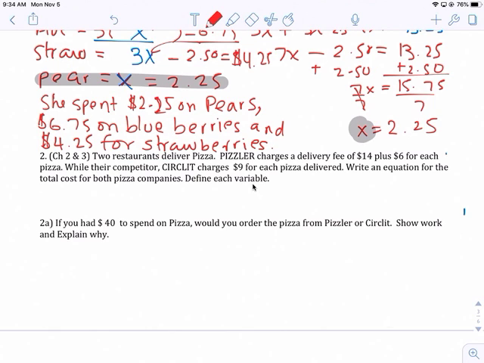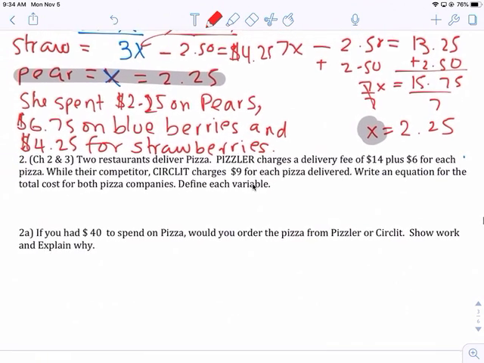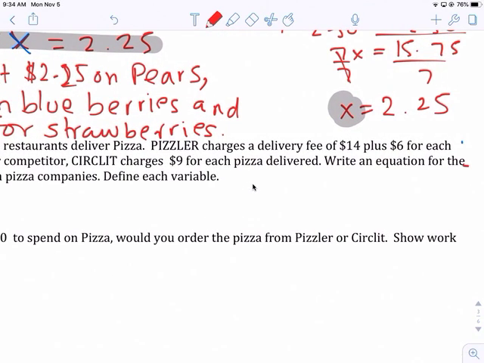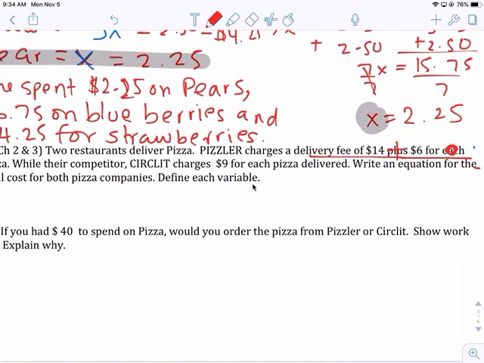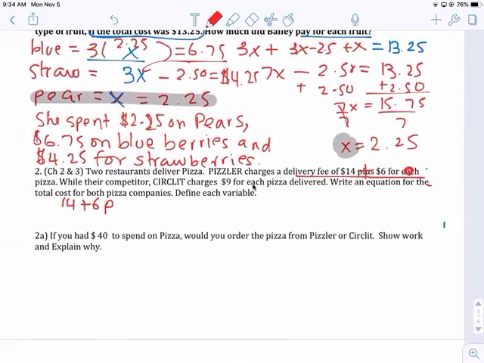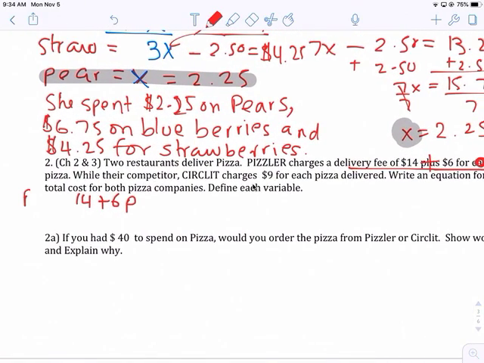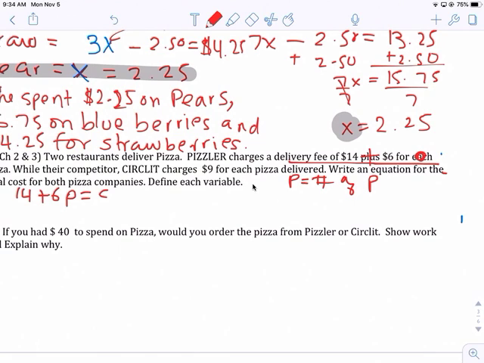Okay, Pizzler is a restaurant that does pizza delivery. Pizzler charges a delivery fee of $14 plus $6 for each pizza. So 14 plus 6 times each pizza equals the total cost. P is the number of pizzas and C is the total cost in dollars.